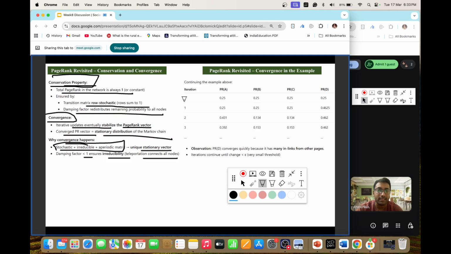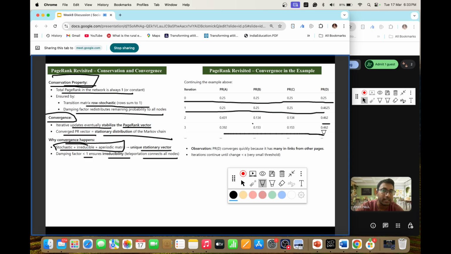For example, this is the 0th iteration, 0.25 for each. After the first iteration, these are the PageRanks: 0.25, 0.25, 0.25, and here it is 0.4625. Then in the next iteration, it is 0.431, 0.134, 0.134, 0.462.